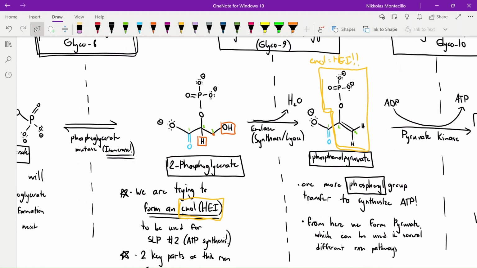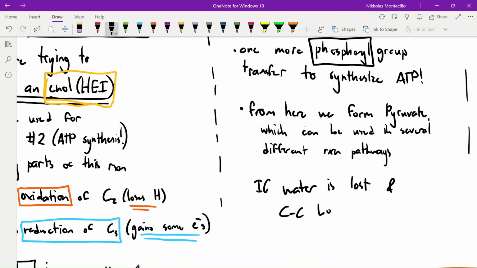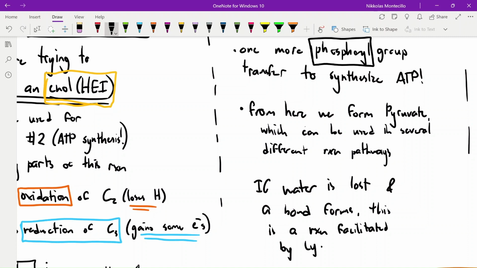So just pay attention to that detail. If water is lost and a CC bond forms, or a bond forms, this is a reaction facilitated by lyase or ligase.